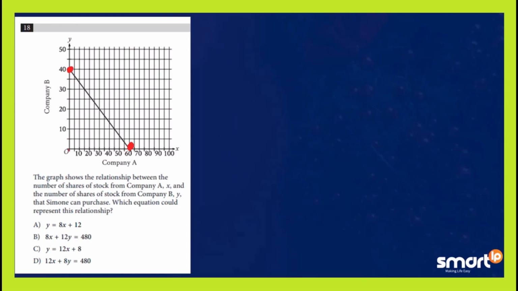Okay, so let's write down the gradient, which is our slope. Our m, the slope, is minus 2 over 3. And then our y-intercept is 40. So we're going to substitute these two guys into the equation of line formula, and that is y equals mx plus b.